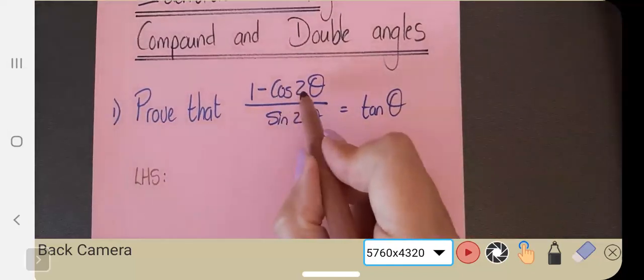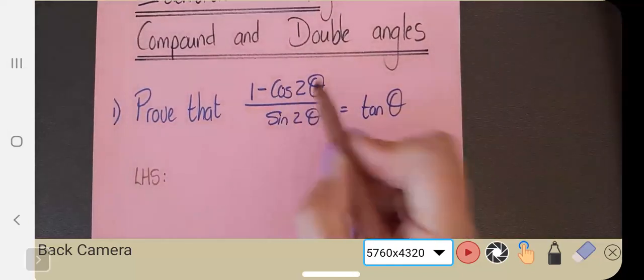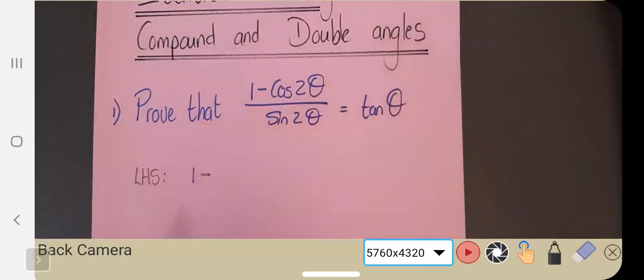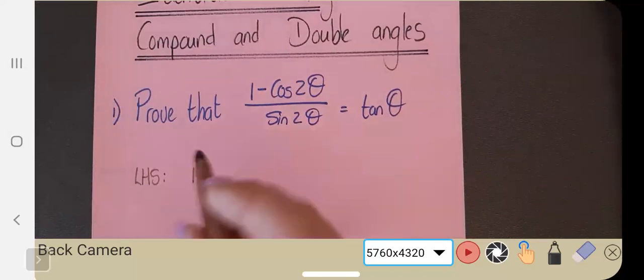This cos 2 theta we can split using the formula for double angles.